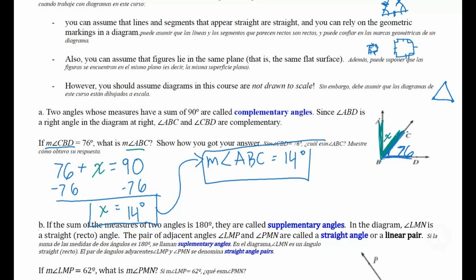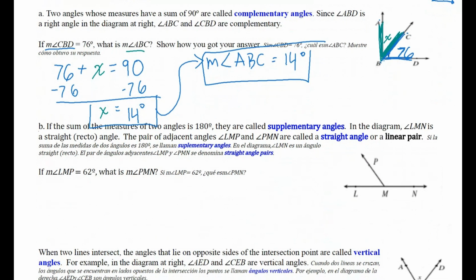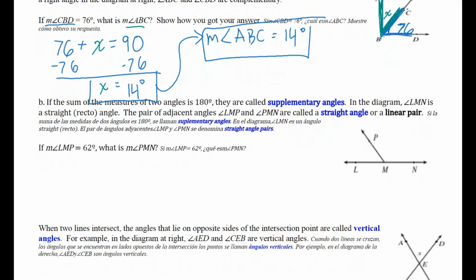Great. Moving on. Part B says, if the sum of two measures is 180 degrees, it's called supplementary. In the diagram below, angle LMN, this is a straight line, LMN, is a straight angle.